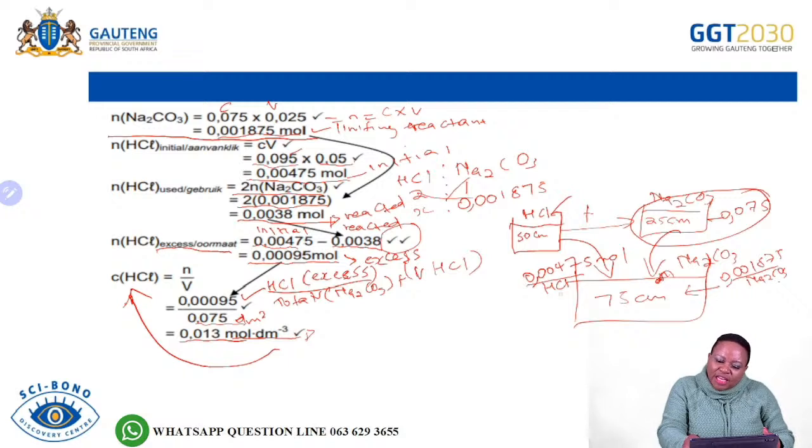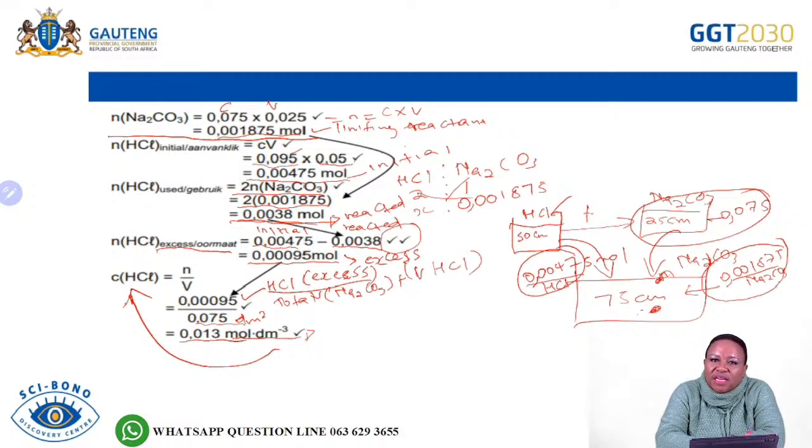Then you find that not everything of the 0.00475 reacted inside this beaker, but you know that everything here reacted. That is why we have used the mole ratio to find what reacted inside this new solution. Therefore, after finding what was used to react with sodium carbonate, that's when we found the number of moles that were in excess or unreacted.